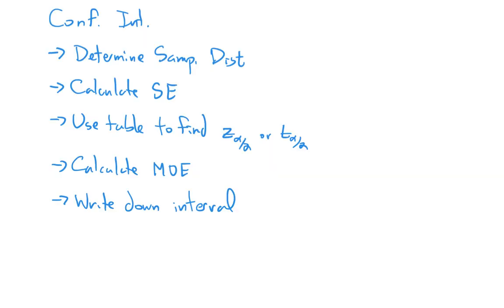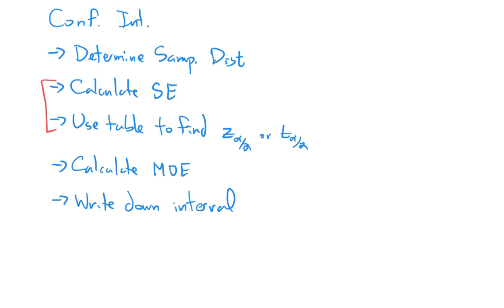So as a little guide for some steps for how to make a confidence interval, the first thing that we did was we always determined the shape of that sampling distribution. We have to know what table to look at in order to find the right z alpha over 2 and t alpha over 2, and how to determine the correct standard error, so we need to find the sampling distribution. Then we could do either one of these. Basically, we're doing them at the same time.